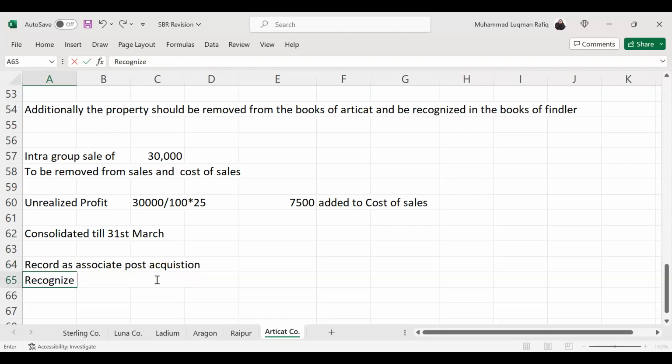Recognize share of income from associate for the last 3 months.